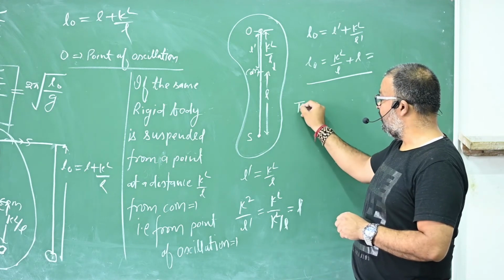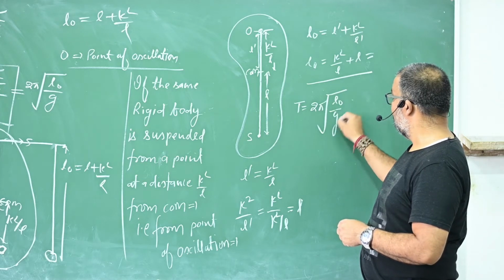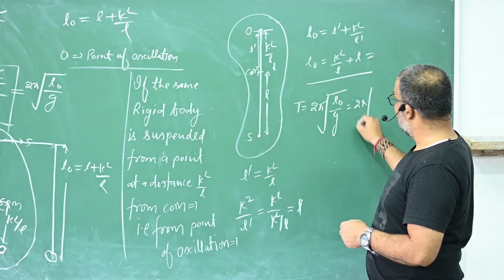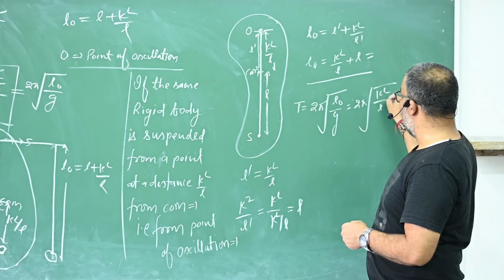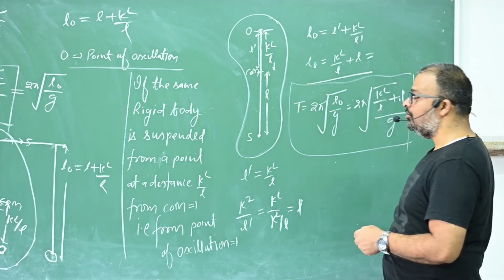So the time period will be 2 pi square root of L naught by G, that means 2 pi square root of K square by L plus L upon G. Am I right or not?